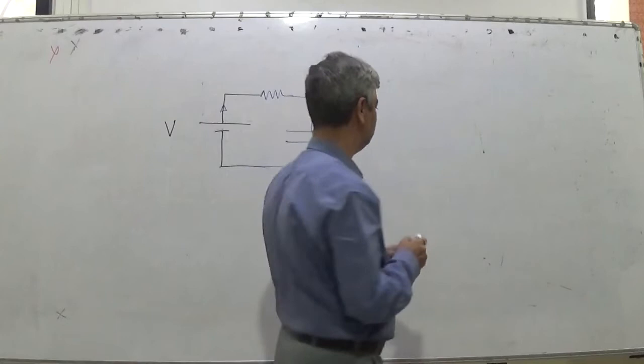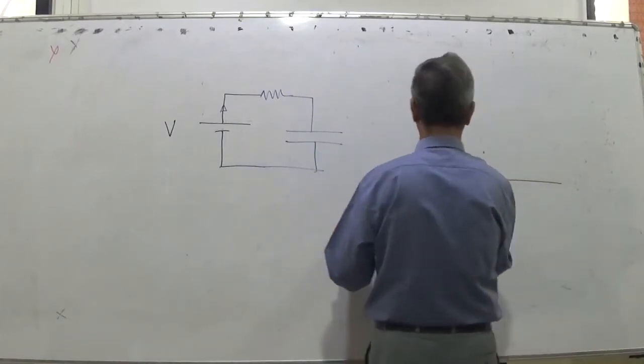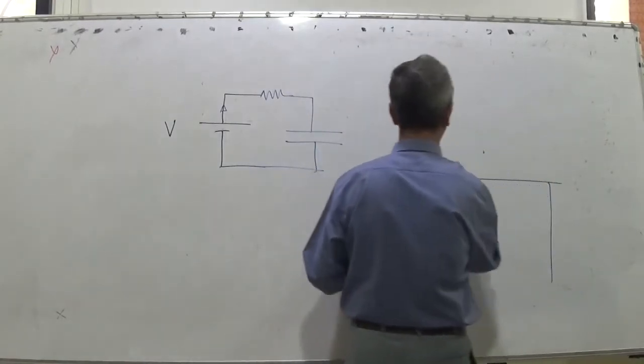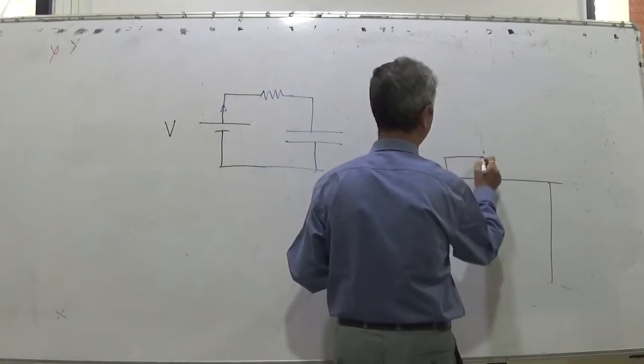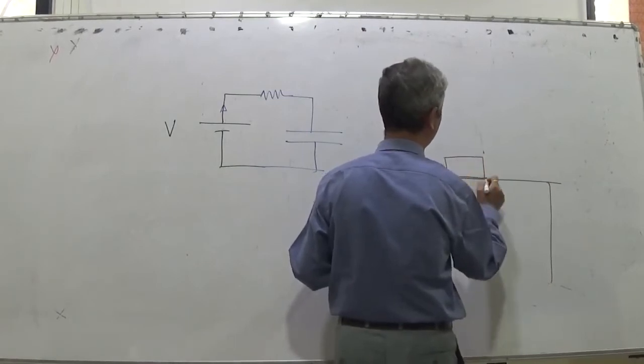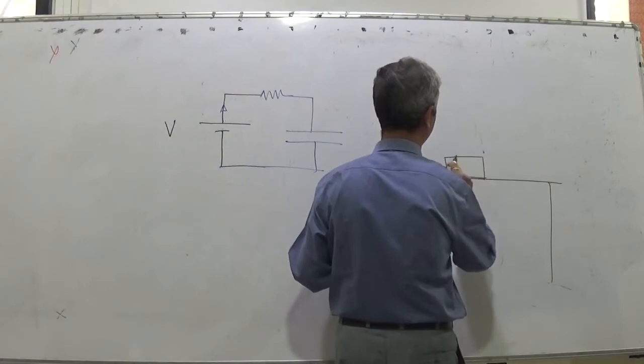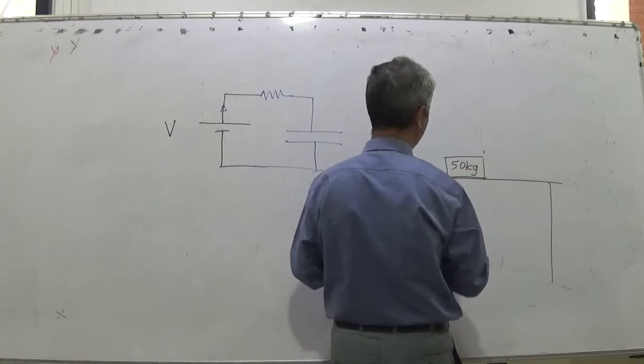Suppose there is a table. On the table you have a huge 50 kg iron cube.